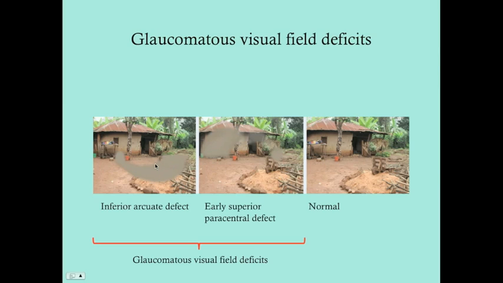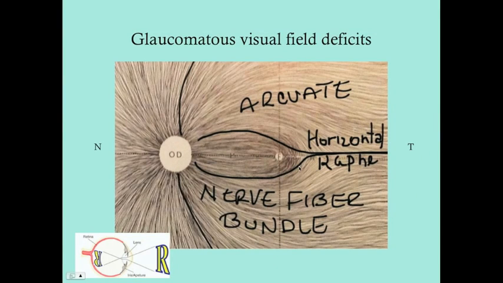So this would be a severely elevated cup to disc ratio, 0.75. Ultimately it can develop to the point where the patient will have almost no visible disc. The cup will take up the whole thing. So here's another one. And another.